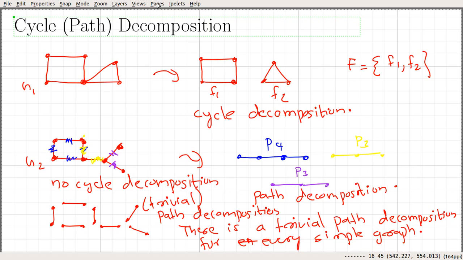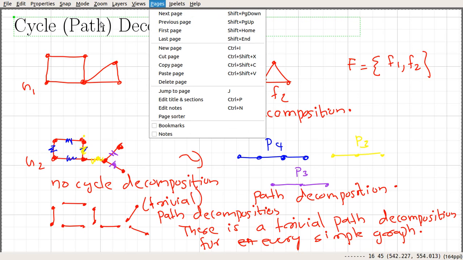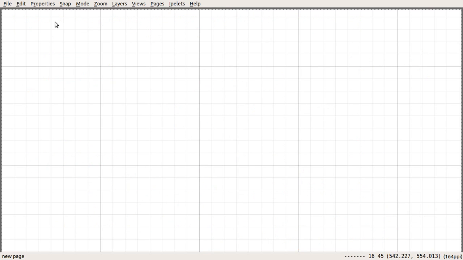Let me go and give the definition of a cycle or a path decomposition. A decomposition is said to be a cycle decomposition if all the members of the family are cycles. The cycles could be different, but they are all cycles. Similarly, a decomposition is said to be a path decomposition if all the members are paths.